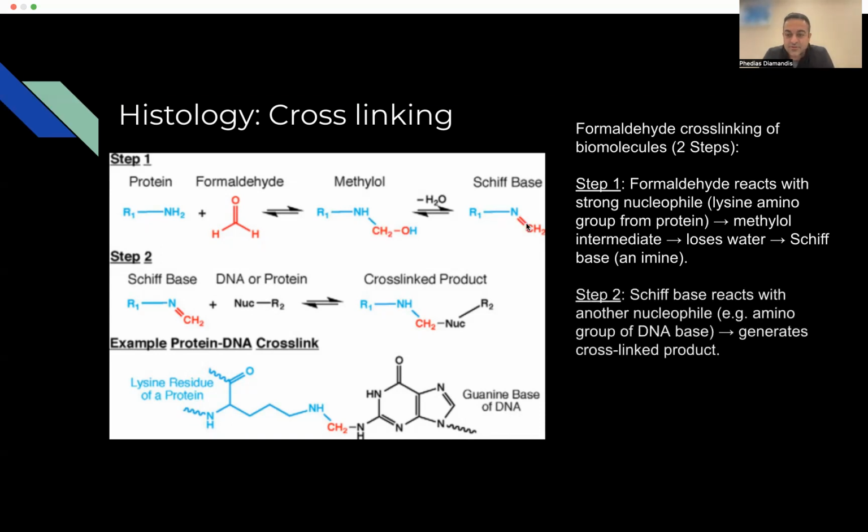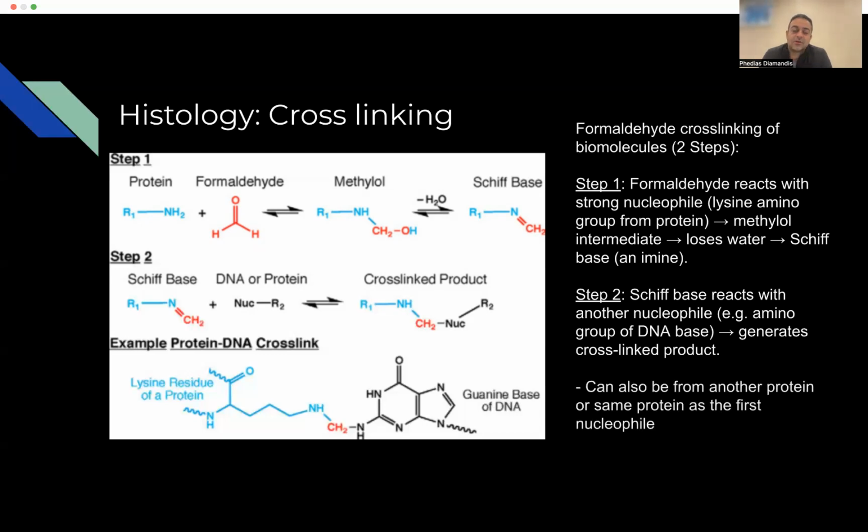This is obviously an unstable structure, if you've taken organic chemistry, to have these double bonds, and so at its earliest convenience, it will find another protein or DNA structure that has a nucleophile in the vicinity and form a single bond, allowing this cross-linking between a protein and another protein or DNA molecule.